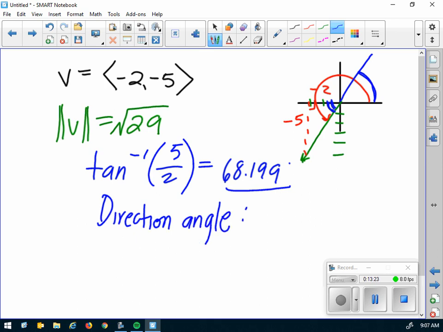What's the direction angle? All right. That's it. Degrees. Don't forget your degrees.